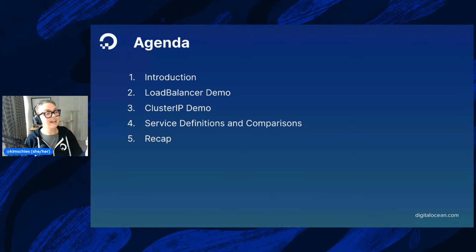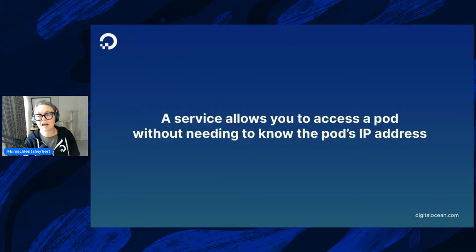So the introduction. A Kubernetes service allows you to access a pod without needing to know the pod's IP address. So if you've experimented with Kubernetes before, if you've deployed some pods, you know that each pod gets its own IP address, and you can access that within the cluster. You can't access it outside the cluster.